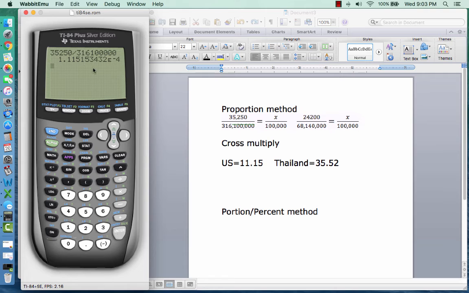Problem is this number is so low, so that it's hard to understand this as a proportion. Remember, this e times the -4, or e -4 means times 10 to the -4, which means that this decimal goes 4 spots to the right. So it's 0.000111. So, but this represents the number of traffic-related fatalities per one person.